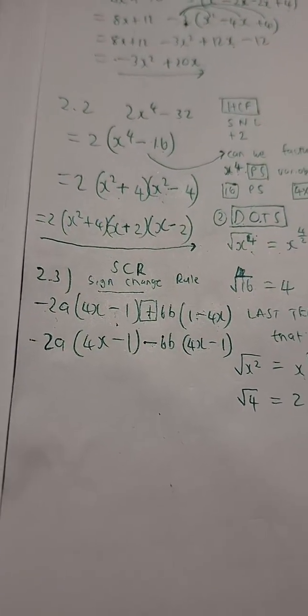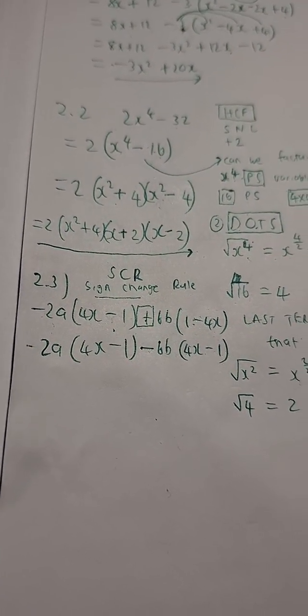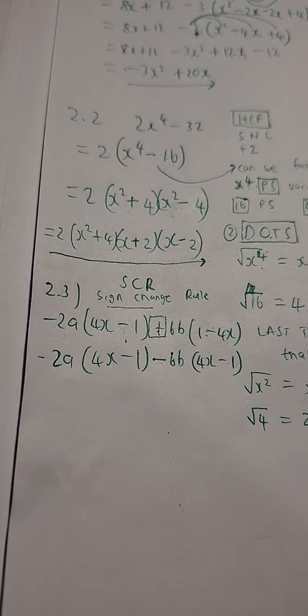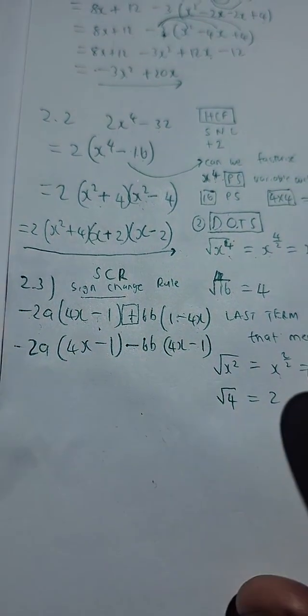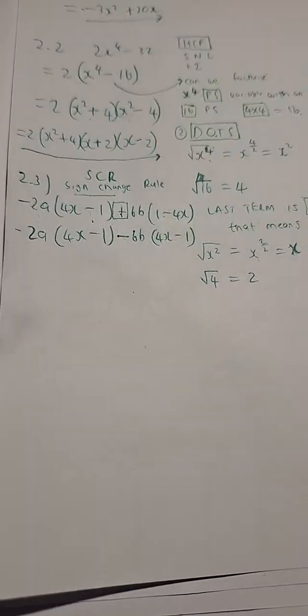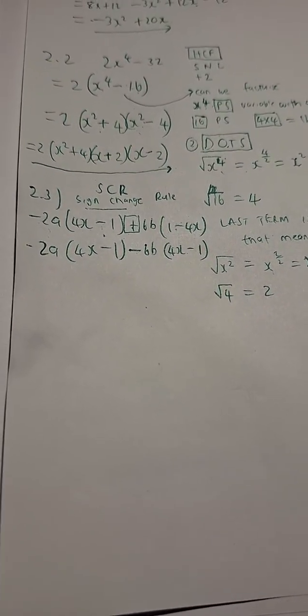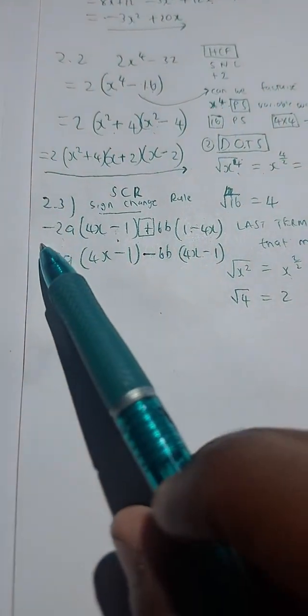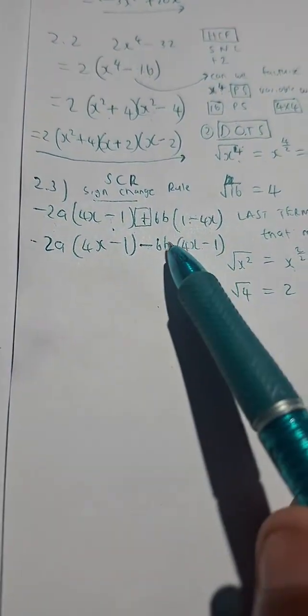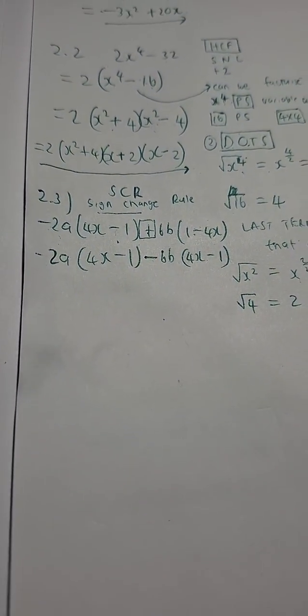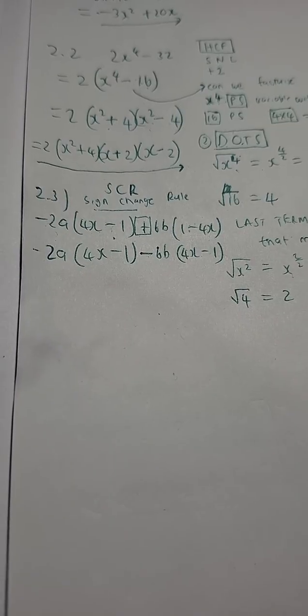Now we can factorize. Is there a highest common factor? Guys, this highest common factor, it exists. How many terms do we have? We still have 2. This minus sign separates 2 terms. I'm going to say to you, is there a common factor?